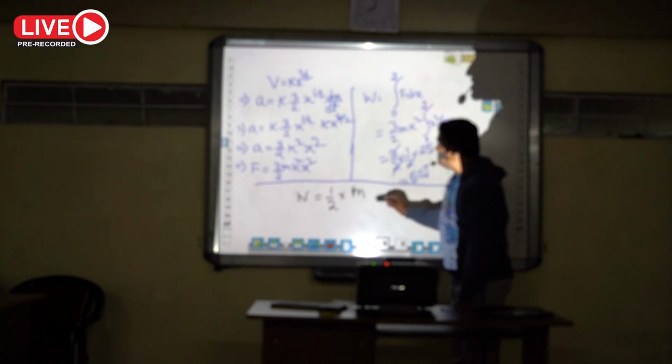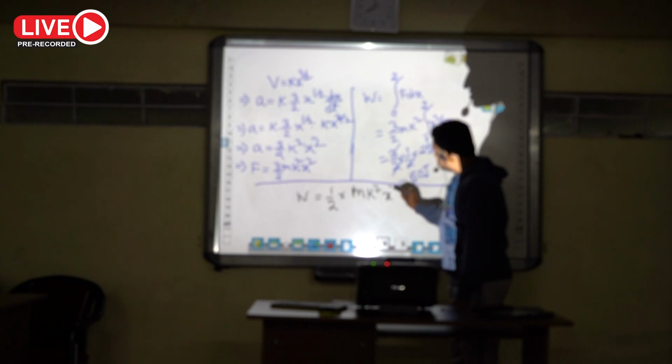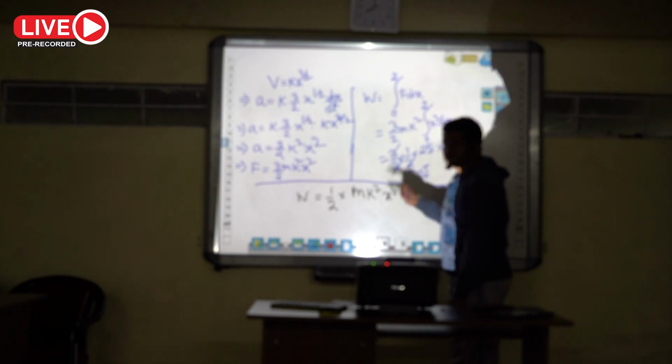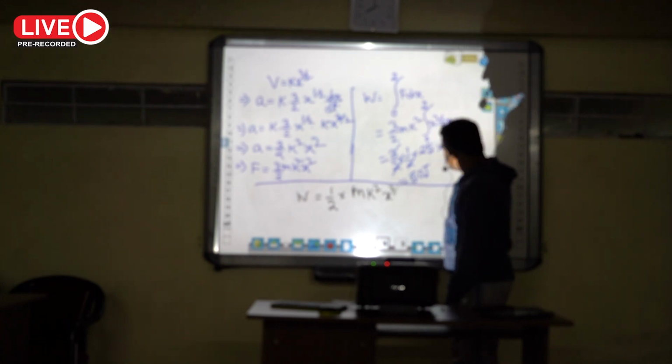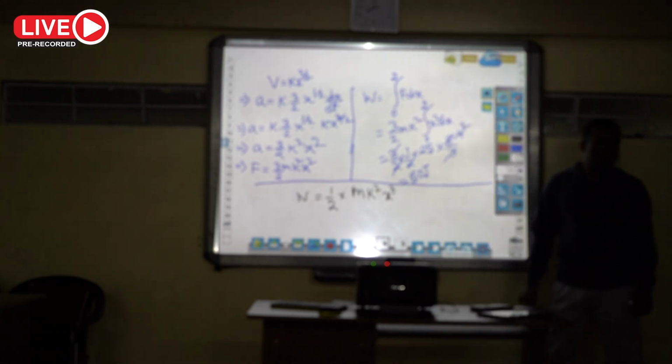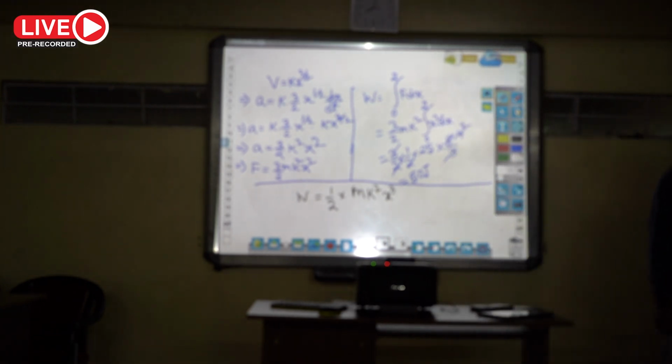Now v is k x to the power 3 by 2, so its square will be k square x cube. So half m v square is half m k square x cube.